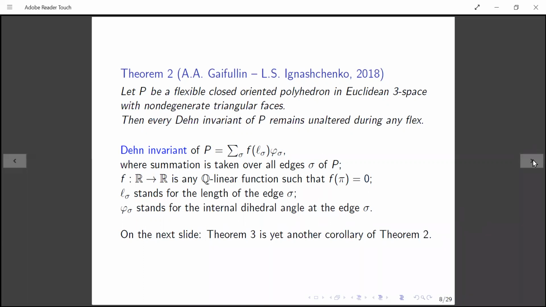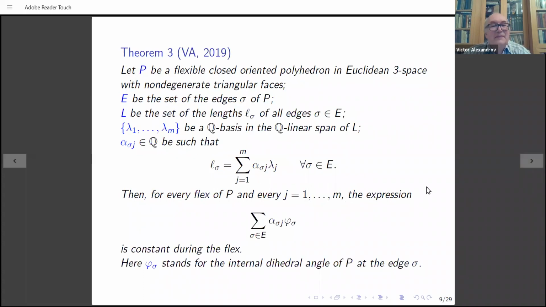So let me continue. Theorem III reads as follows. Let P be a flexible closed-oriented polyhedron in Euclidean 3-space with non-degenerate triangular faces. This is our main object.